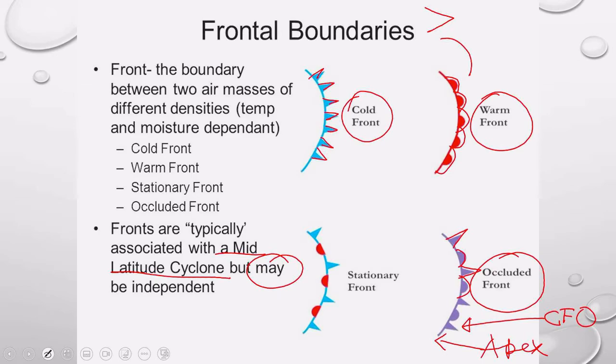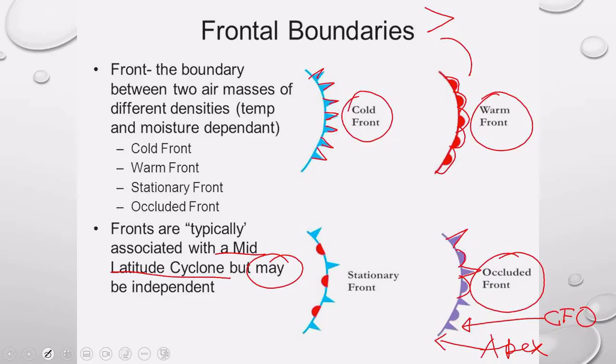If the first symbol from the point that is called the apex is that of a cold front, then that is a cold front occlusion. Likewise, if the symbol is that of a warm front, that is a warm front occlusion. So this is an occluded front, and to spread your wings a bit, this is actually a cold front occlusion. I will deal with occlusions a bit later.